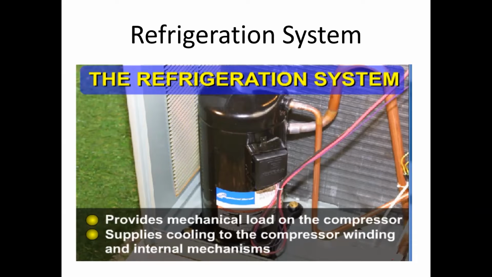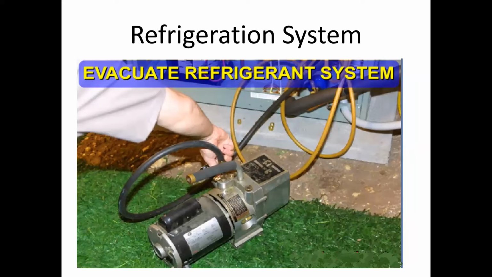So as we've got our refrigerant coming back into our compressor, that cool suction gas is what cools the windings and the internal mechanisms of that compressor. If our suction gas is overly superheated, or that suction gas is not cool enough, that can cause our compressor to overload. We want to make sure that we pull a good vacuum.